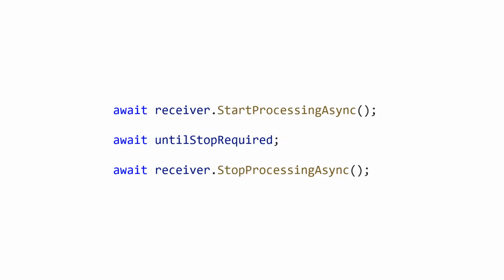And once you're done, you can then stop processing async, and then it stops processing. And by the way, you can actually pass a cancellation token to the stop processing async method. Unfortunately, this cancellation token is not always respected. So for example, if you're saying stop processing with a cancellation token that will fire after 5 seconds, it is possible that stop processing async takes up to 60 seconds.